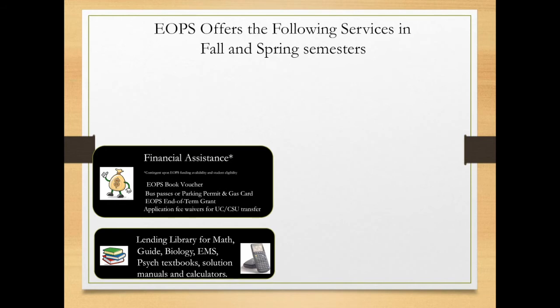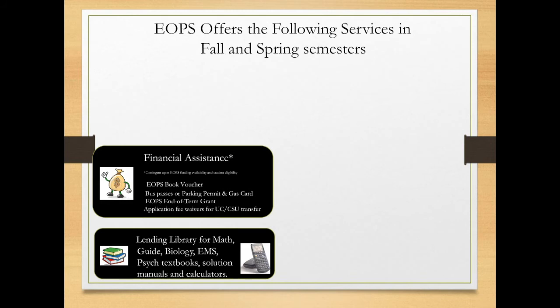We don't have every textbook in our lending library, but we tried to purchase the ones that most students had to take. We have almost all of the math classes: the algebra, the statistics, the pre-calculus, the trig. I don't think we have the calculus textbooks; they just came out with a new edition. But we have most of the math textbooks and the solutions manuals and the calculators.